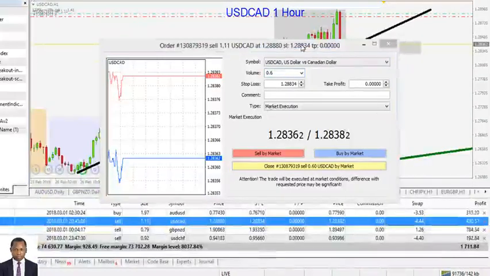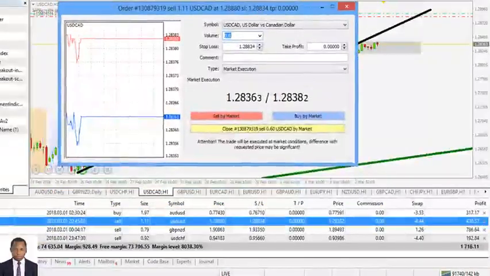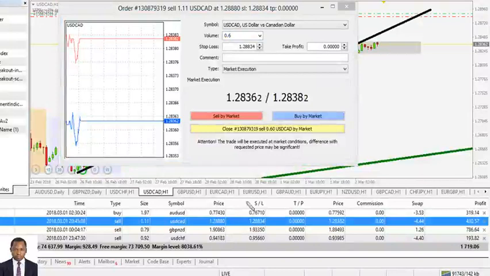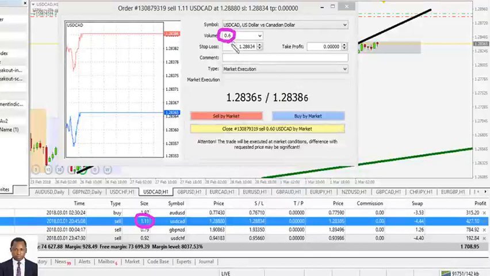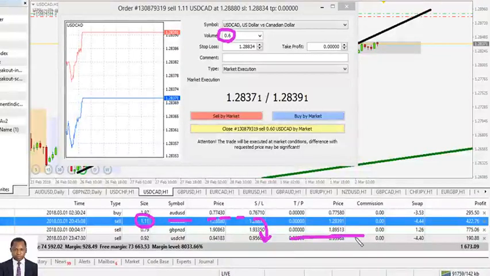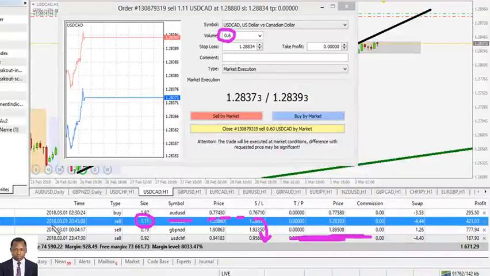For those of you who do not know how to cash out partial profit, you can see how right now it is 1.11. By the time I cash out 0.6, of course this trade is going to drop to the last trade right here, because it's going to be assigned a new order number.